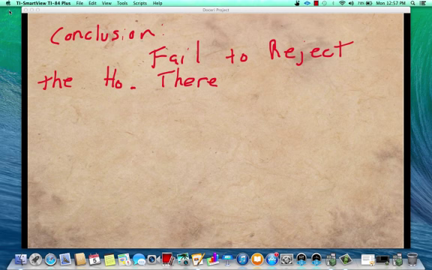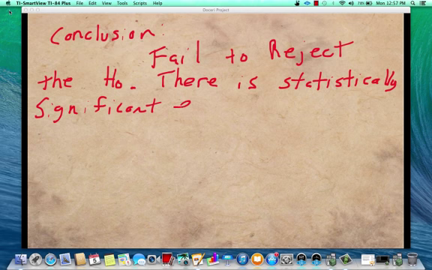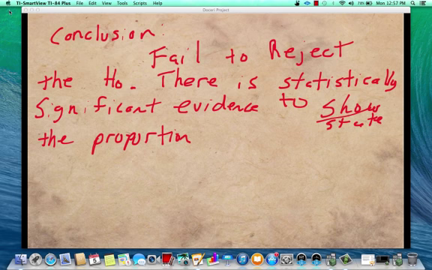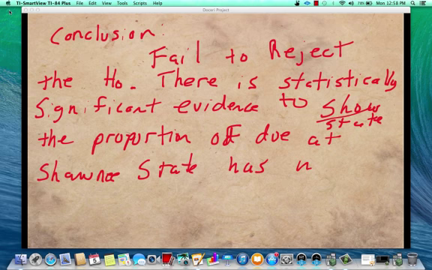There is statistically, this is where it gets scary because I'm going to sound smart here, statistically significant evidence to show, I should say state, the proportion of doe at Shawnee State Park has not changed in 20 years.